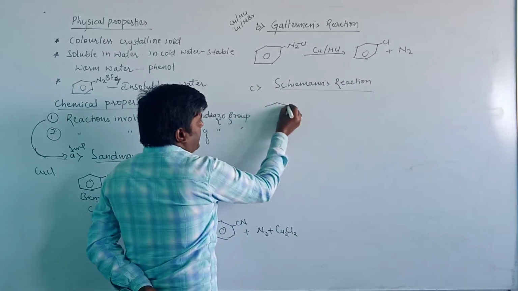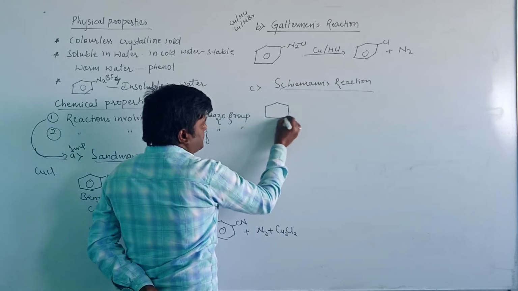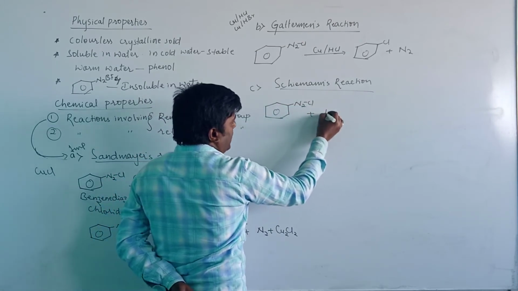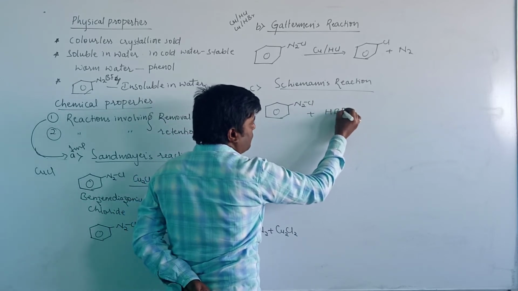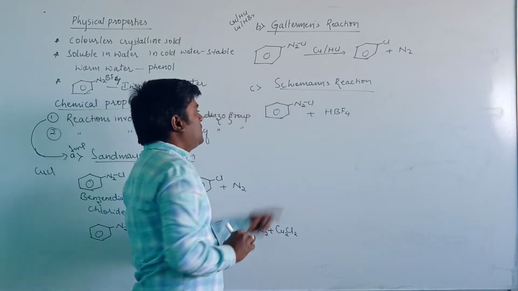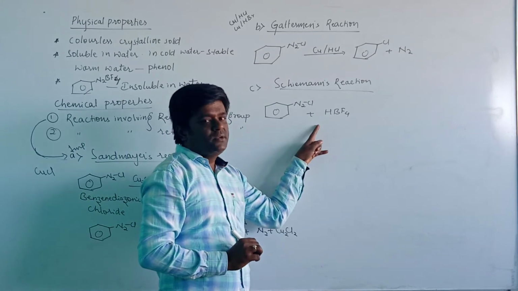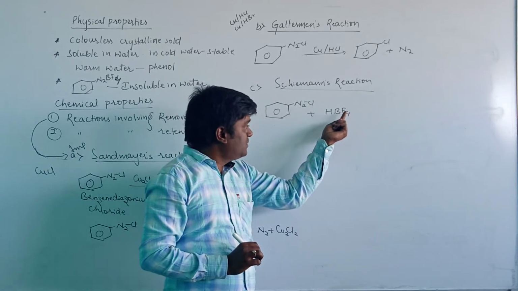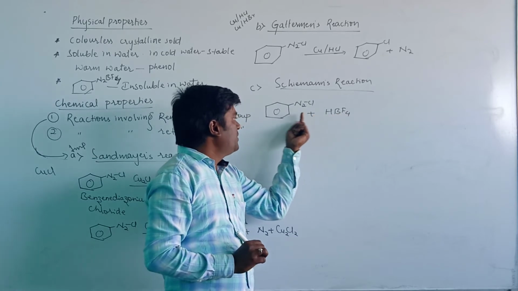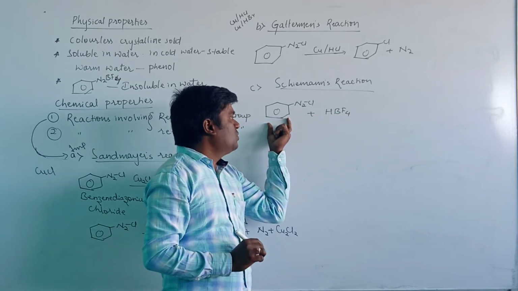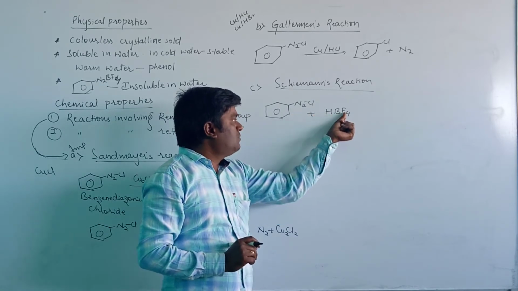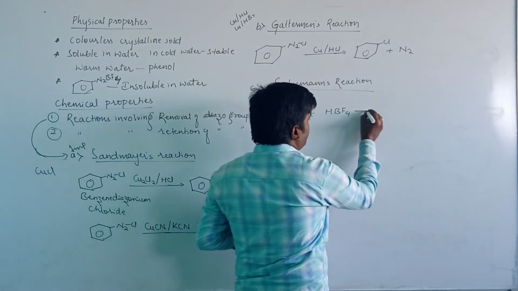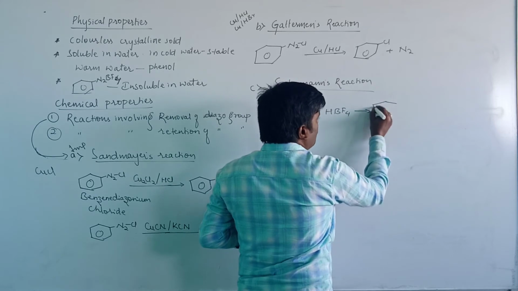When benzene diazonium chloride reacts with HBF4, that is tetrafluoroboric acid, it gives the compound fluorobenzene.